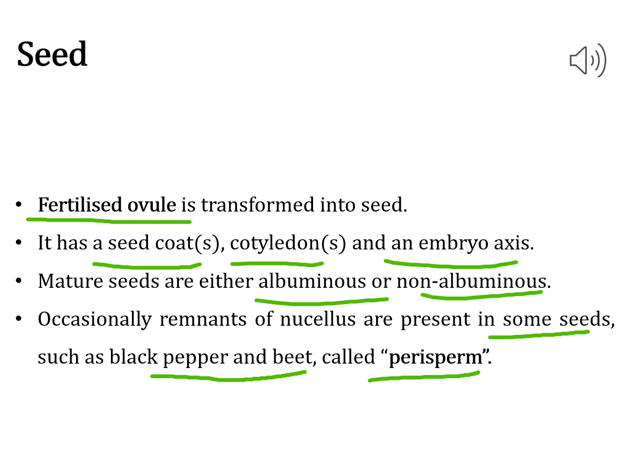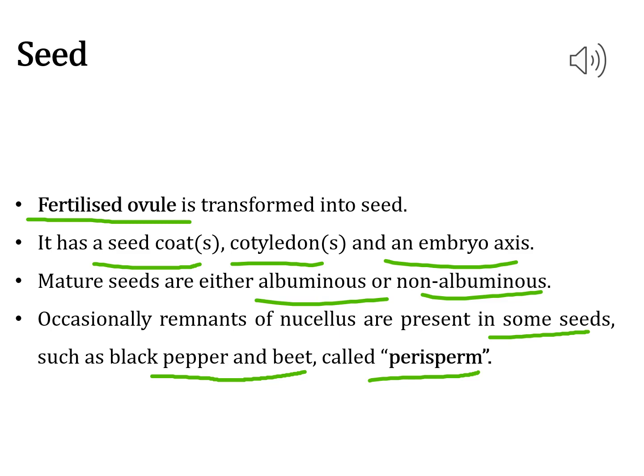Second, albuminous seeds retain a part of the endosperm. It means the endosperm is not completely used up during embryo development. Examples of albuminous seeds: wheat, maize, barley, castor, coconut and sunflower.